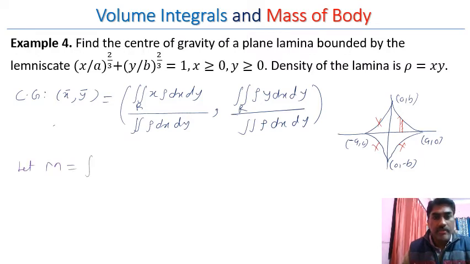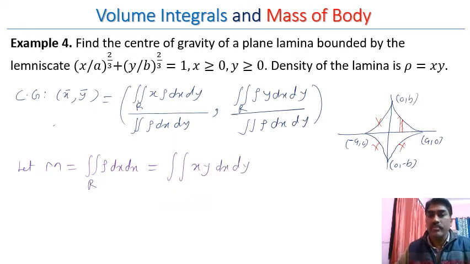Let M be taken as the integral over the given region of rho dx dy, so it is a double integral, and rho is xy dx dy. What is the limit? You can see in this first quadrant region x varies from 0 to a. And what is the limit of y? I have already drawn this strip. You can see this is a strip.